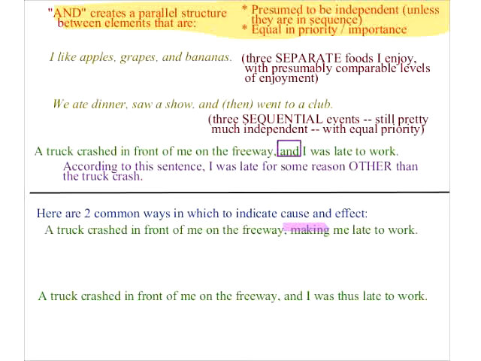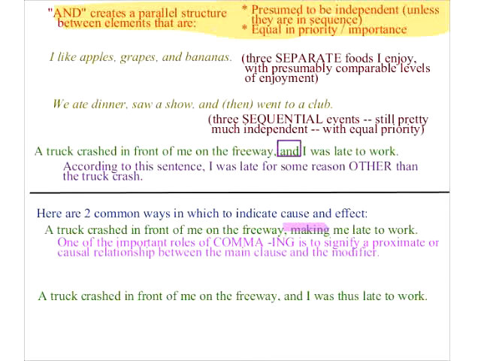This is not the only thing that comma -ing does, but one of its important roles is to signify a proximate or causal relationship between the main clause and the modifier. So a truck crashed in front of me on the freeway, comma, making me late to work, signifies that the truck, by crashing in front of me, made me late. So this is actually a cause and effect situation.